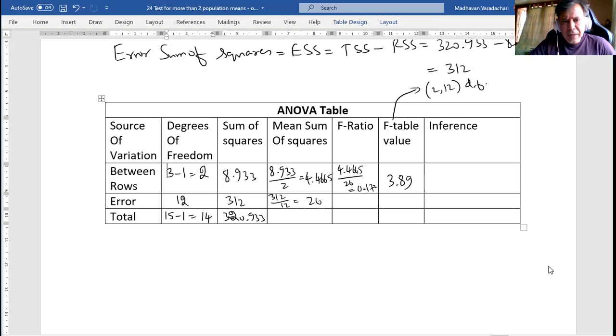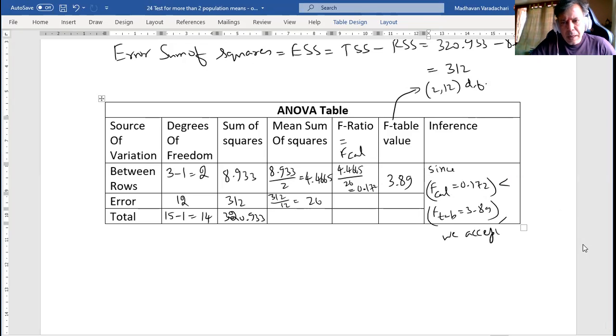Now here itself we can write the inference. Since F calculated, F cal, which is 0.172, is lesser than F tab, which is 3.89, we accept null hypothesis.